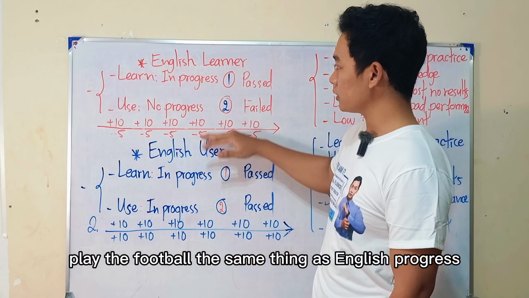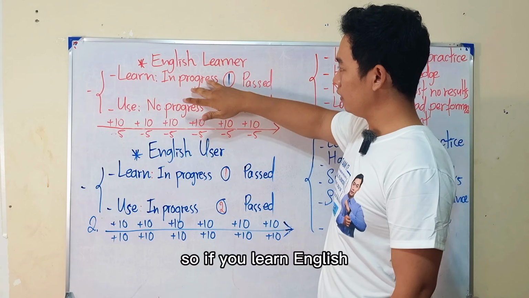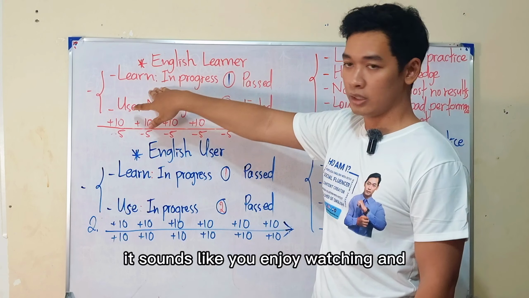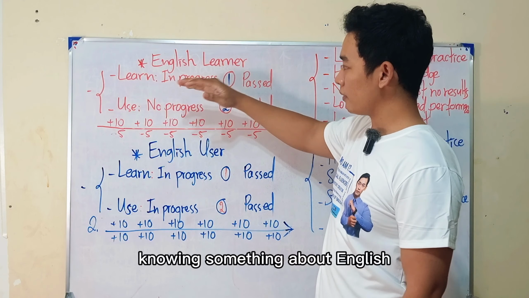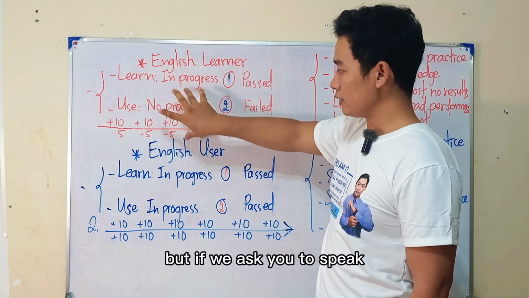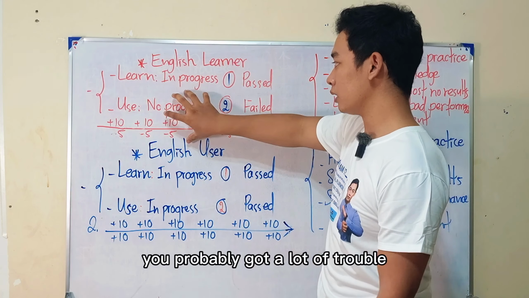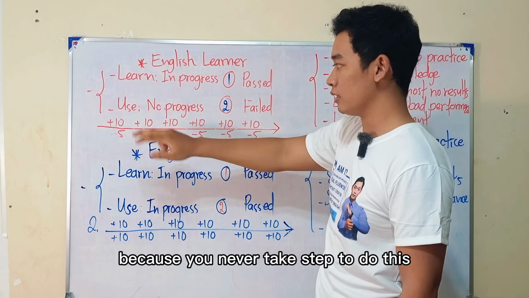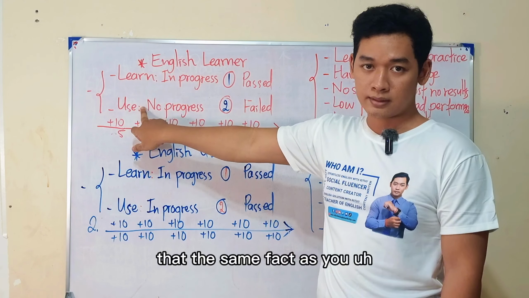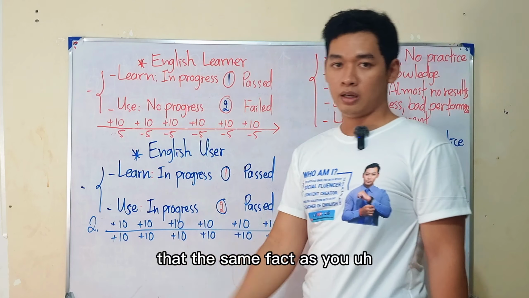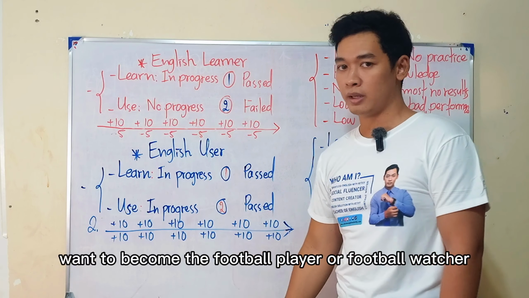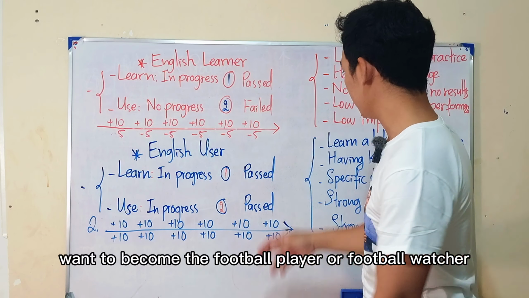The same thing as English progress. If you learn English, it sounds like you enjoy watching and knowing something about English. But if we ask you to speak, or to write something, you probably have a lot of trouble because you never take steps to do this. That's the same as being the football watcher, okay?